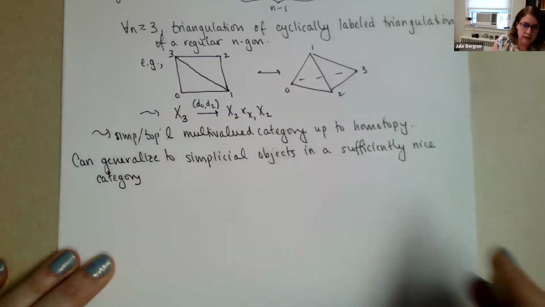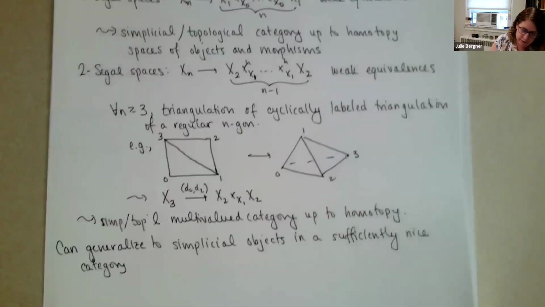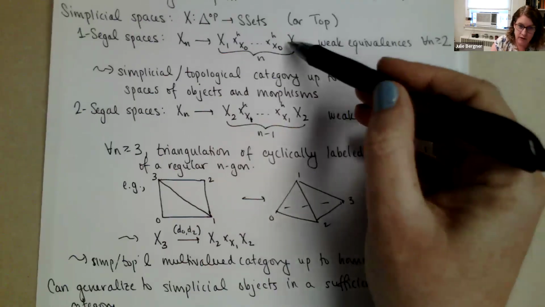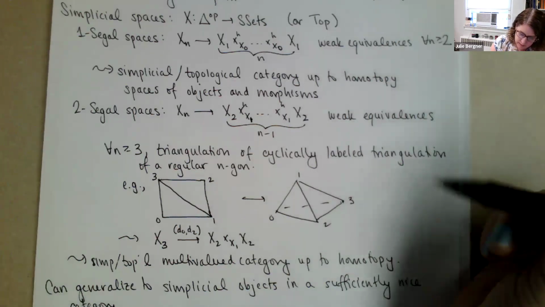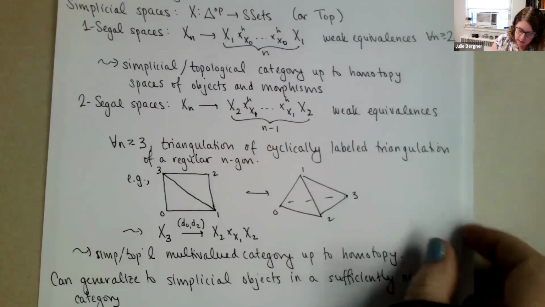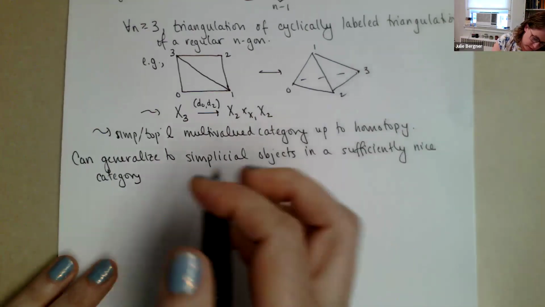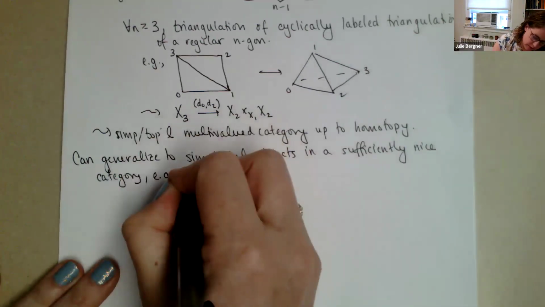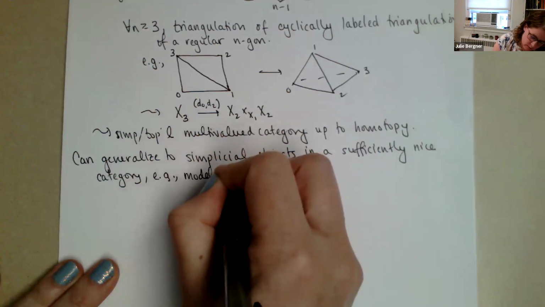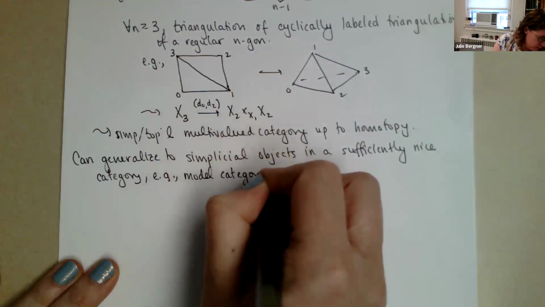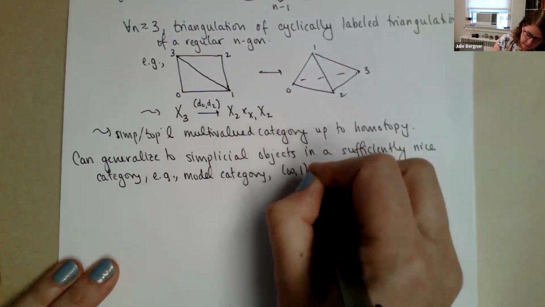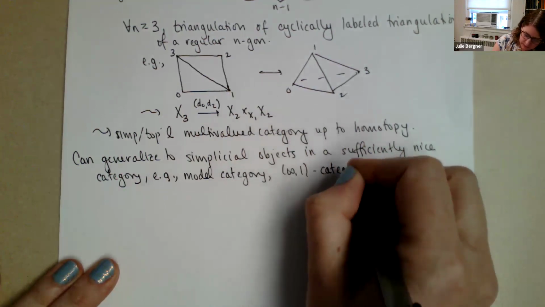Basically what you need, in order for these maps to make sense, is enough limits, and you need some kind of weak equivalence. So, for example, you could do this in a model category, or you could do it in some more general, say, infinity-one category, say with limits.